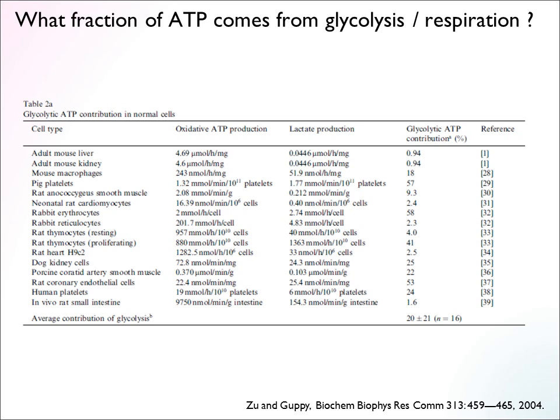But there are also normal cells, like endothelial cells up here, which have been measured to be very glycolytic, deriving most of their energy from glycolysis. So one important thing to know is that glycolysis, which we often talk about in cancer, is not exclusively a cancer phenomenon. There are plenty of normal cells that do glycolysis quite a lot. If you're starting to study a new cell type and you don't really know how it behaves, I would not make any assumptions about this until you have actually measured it.